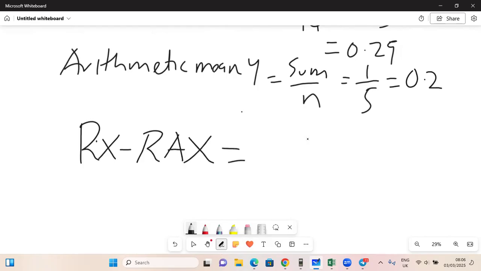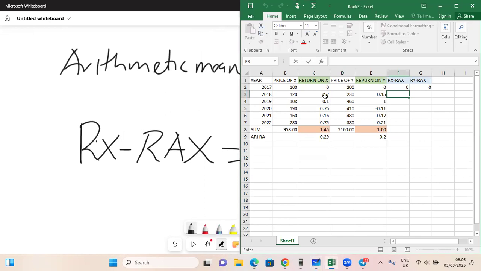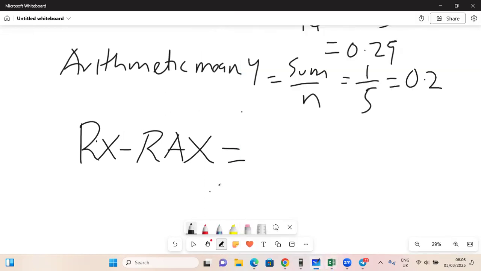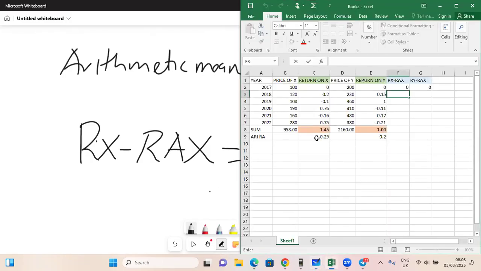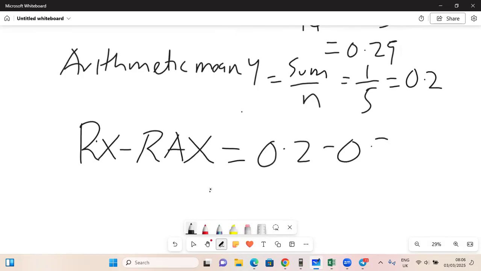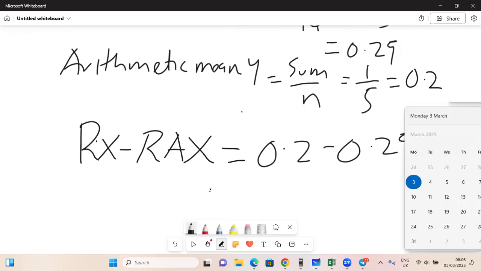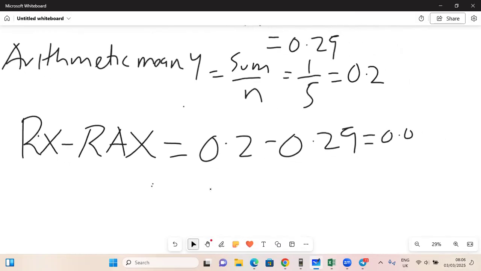You take the first one, which is 0.2, minus its arithmetic return, 0.29. Then we are going to get 0.09 in negative, right?